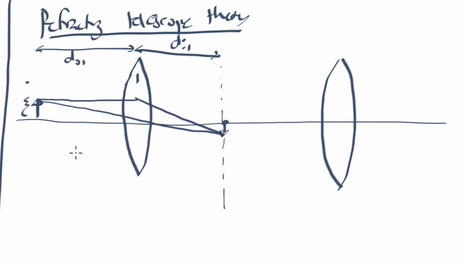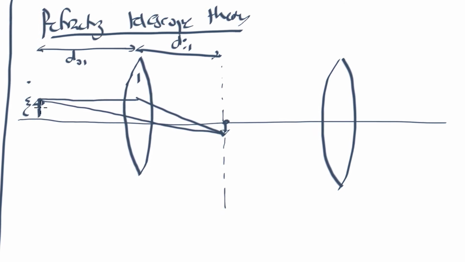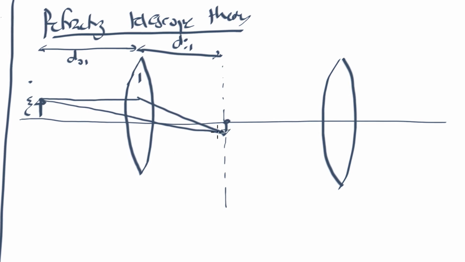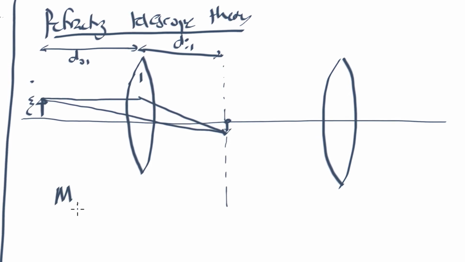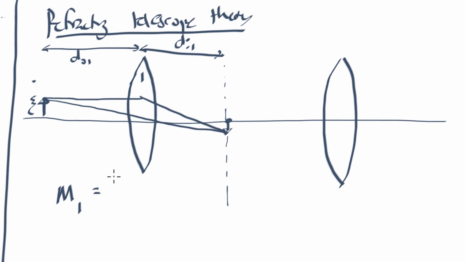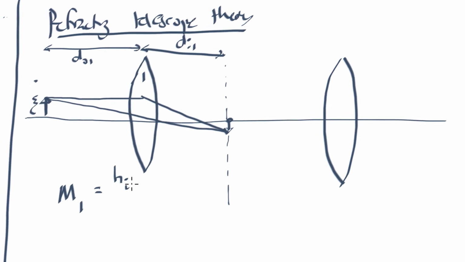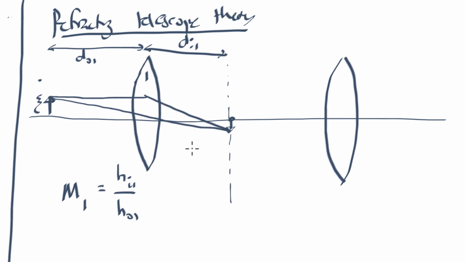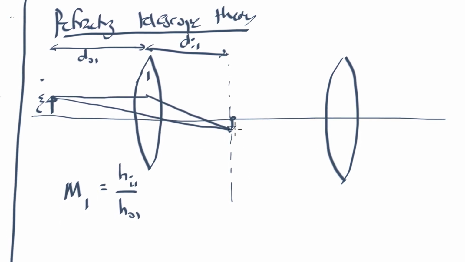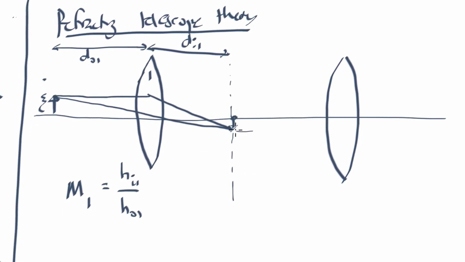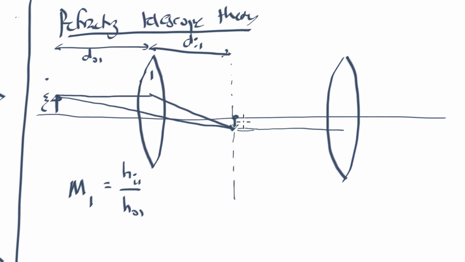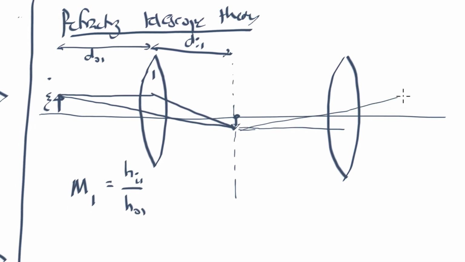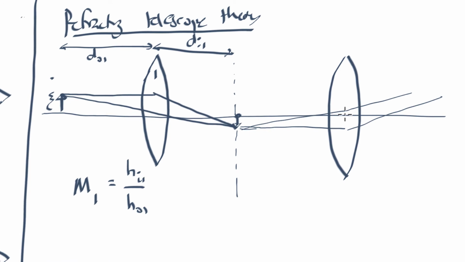I don't remember how tall that was, but you can figure out the ratio of the height of this compared to the height of the image, and that would be the magnification of lens 1, which would be the ratio of the height of your image 1 divided by the height of your object 1 over here. And then you can draw a ray diagram for the rays coming out of this.